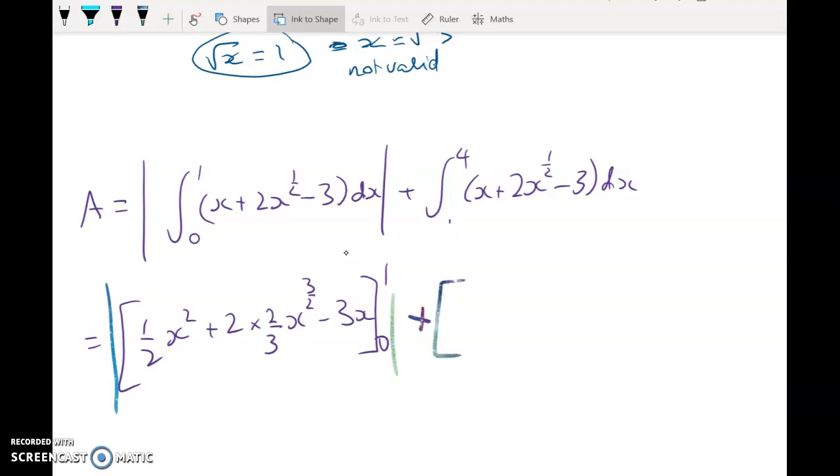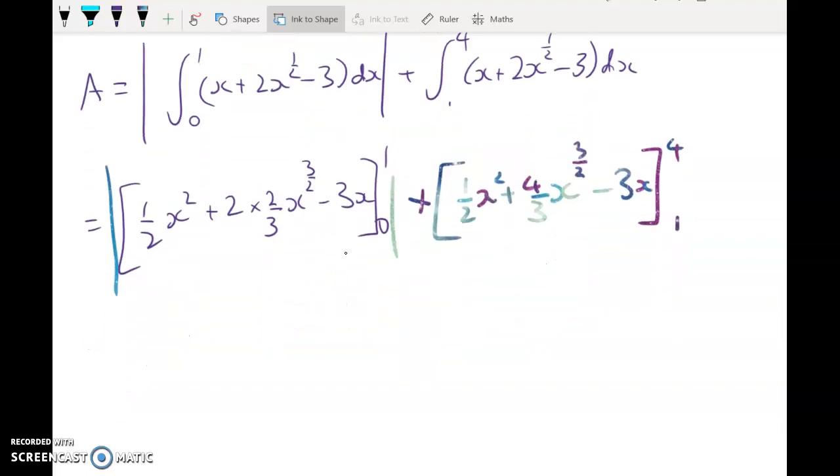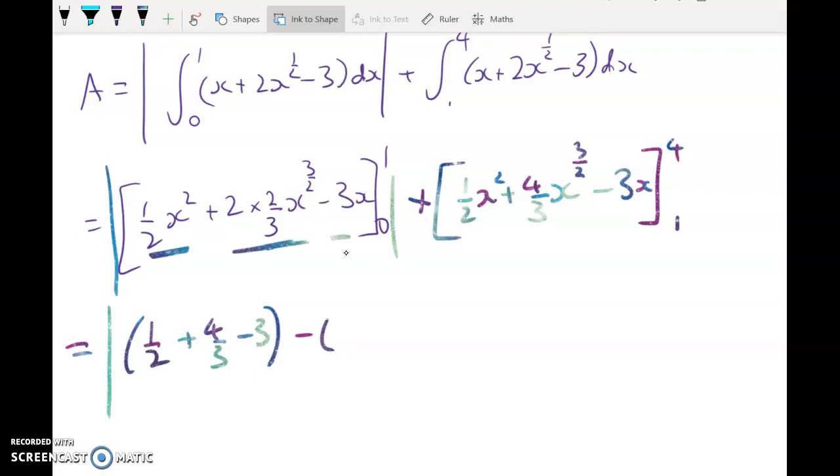Plus the same thing again, a half x squared plus 4/3 of x to the 3 over 2 minus 3x between 4 and 1. All we have to do now is to work it out without screwing it up. So let's see how we go with that. Right, so we want the absolute value of 1/2 plus 4/3 minus 3 minus, this will be 0, this will be 0, and this will be 0. So that's good.